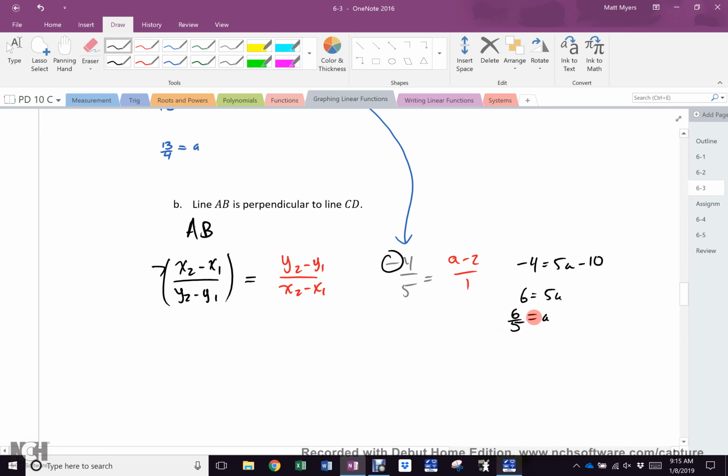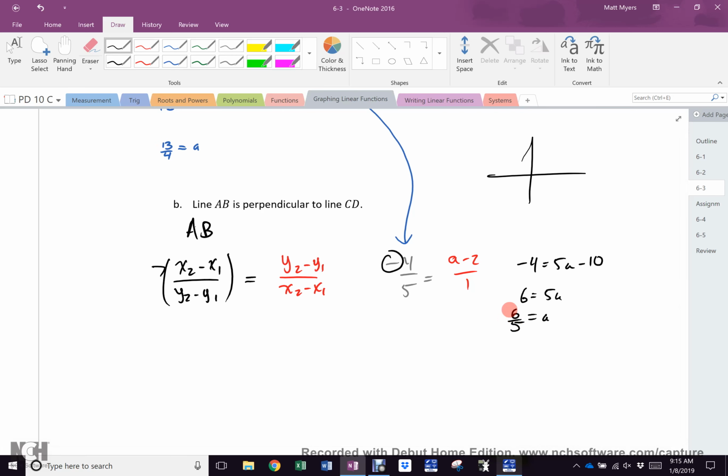And then I got 6/5. Now, some of you will be saying, oh, Mr. Myers, those are fractions. Don't fractions exist on the Cartesian plane? Couldn't I put a dot at 13/4? Yeah, because it's only 4 1/4, right? Couldn't I put a dot at 6/5? Yeah, it's 1 1/5 or 1.2. We can put those on graphs.